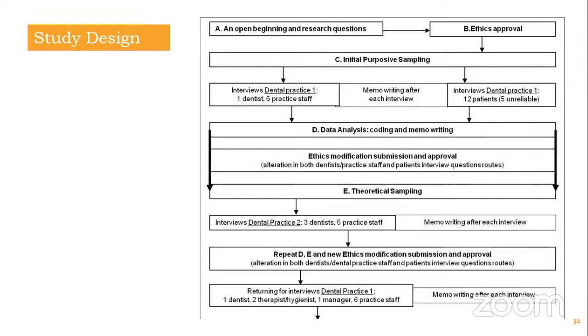Then again, they had to obtain the ethical approval. Why? Because once the study design is improvised, they have mentioned alterations in both the dentists or practice staff and patients interview question routes. So they made some modifications in the set of questions which were used for the interviews. So again, they had to obtain the ethical approval.